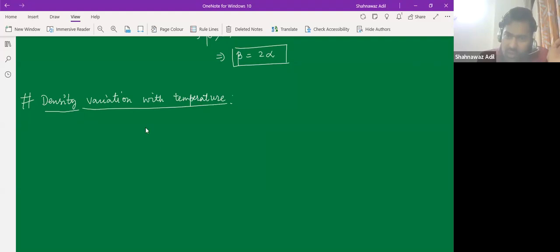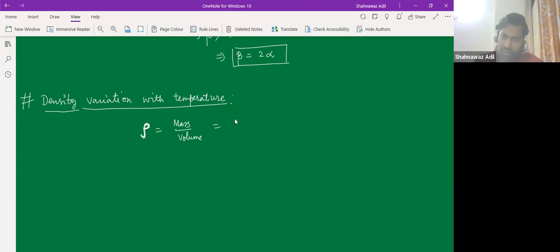So we know what density is. How do we write the density? Do you guys remember? We have done this in mechanical properties of fluids. The second thing that we did was density. What is density, guys? Mass by volume, right?